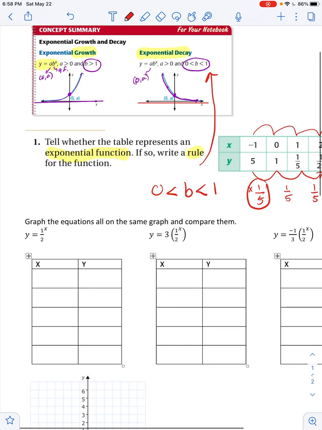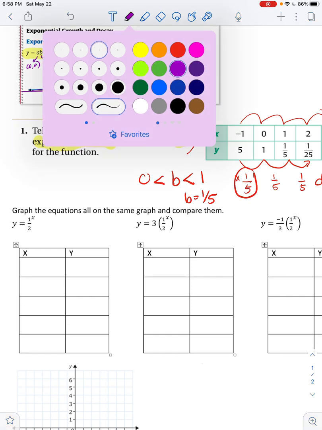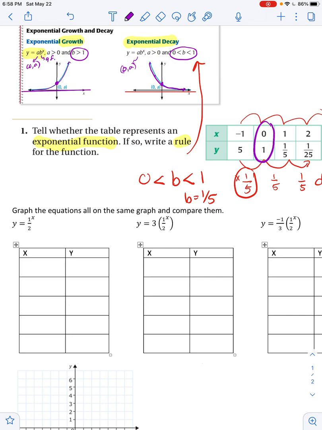It wants us to write a rule. Well, aside from knowing b, I have to know a. And if you remember from yesterday, the place to find that is in the table. You look for where the x value is 0, and the number below it partnered with it will be your a value. So for us, in this case, it's a 1.